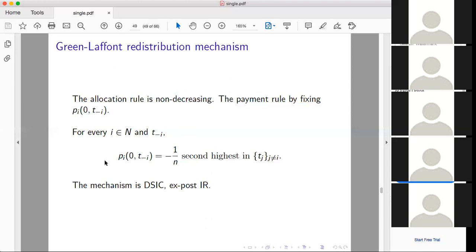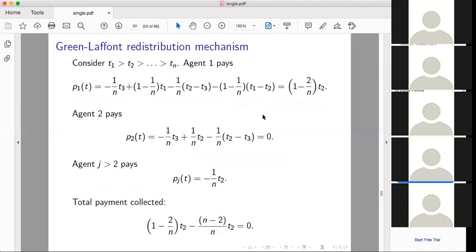We take the same pi 0 term, but the important thing to remember here is that the f in this mechanism is very different from the f we used in the earlier mechanism. The f in the earlier mechanism was the efficient one. Here it's not the efficient one, and that will result in different expressions for payment. Again, look at a type profile like this.